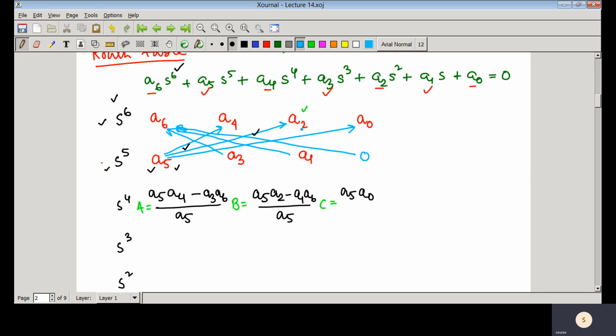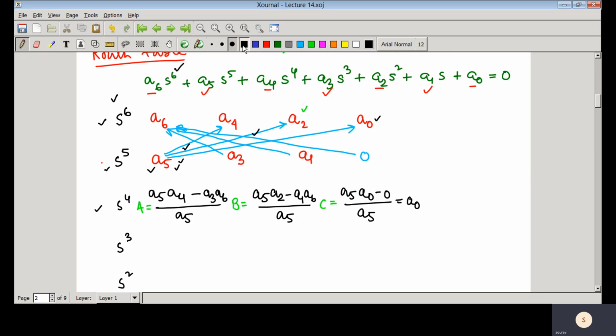So if we multiply with that one, you have minus 0 divided by a5. So basically we have a0, only this term. Now this row is done. So this is the method you need to follow to build that Routh table.